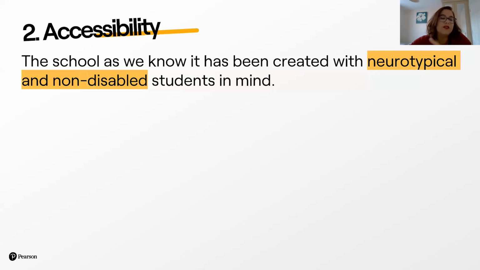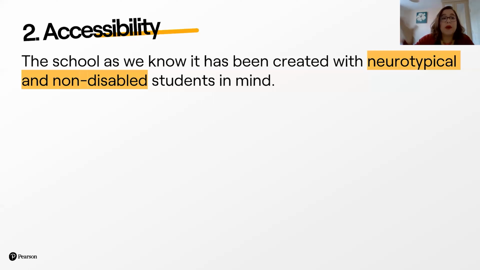So school was supposed to be the pipeline through which we reach the workforce, and it was created with people in mind who are supposed to be performing in this industrial world.